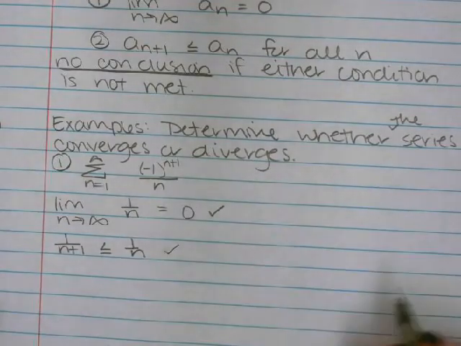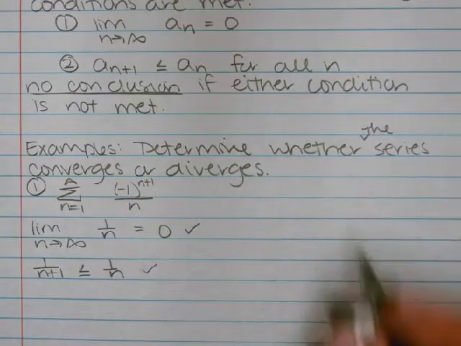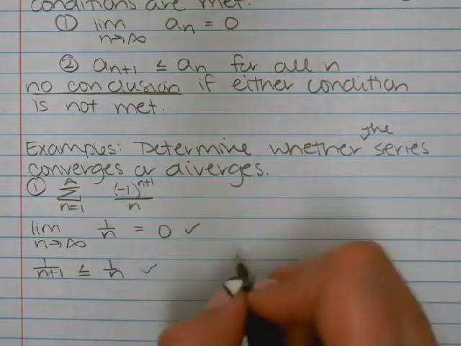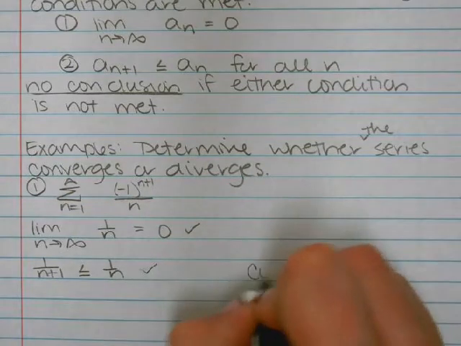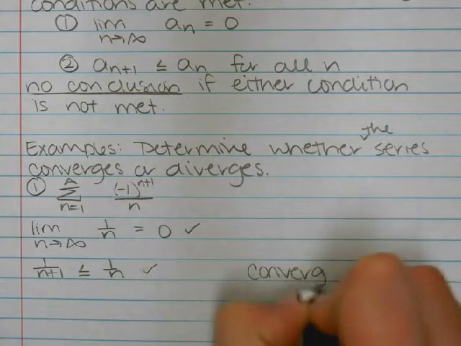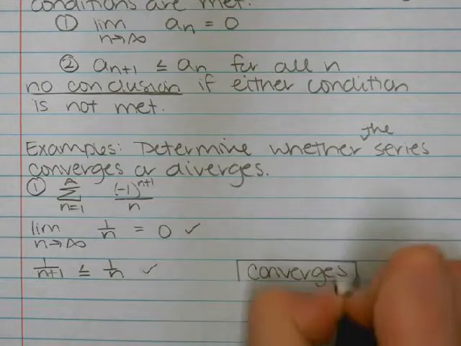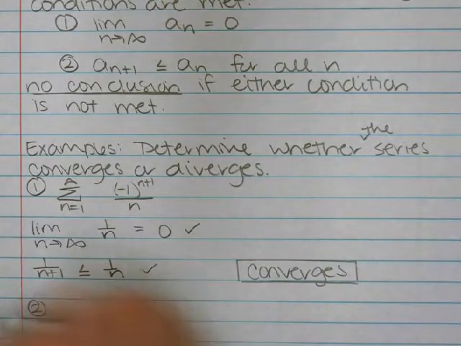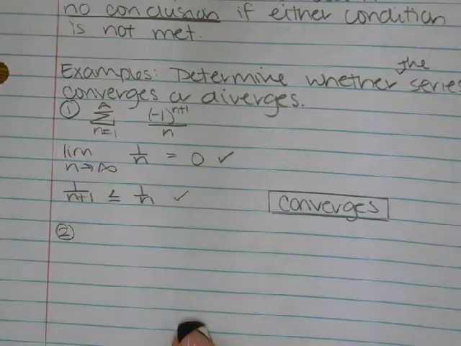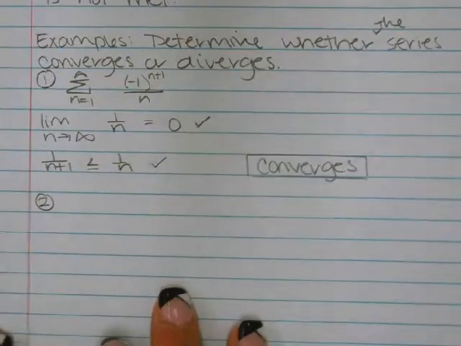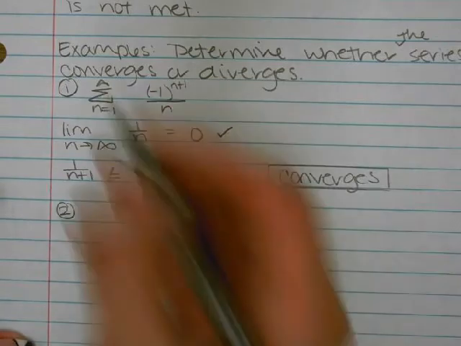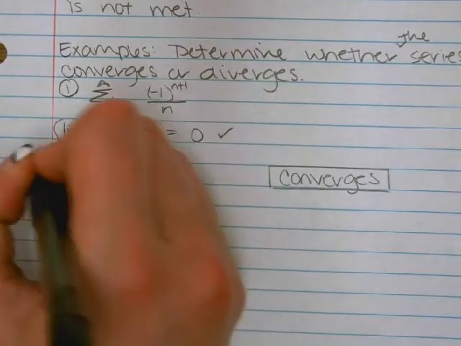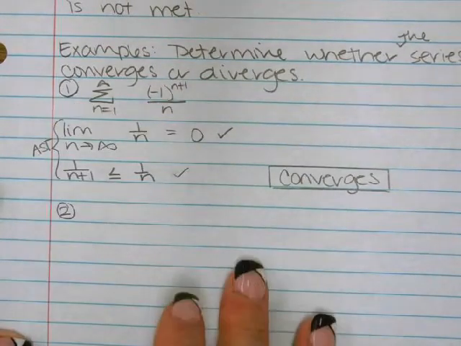So both of these conditions are met, and so that means that this alternating series does converge. We don't know what it converges to, but we do know that it converges. And maybe you could write, this is the alternating series test.